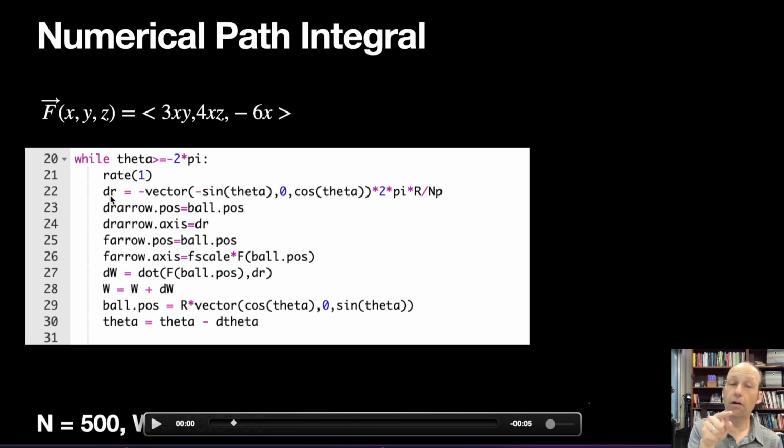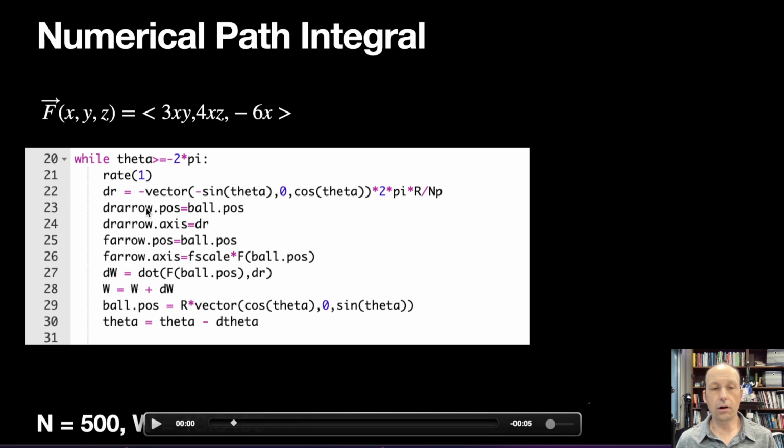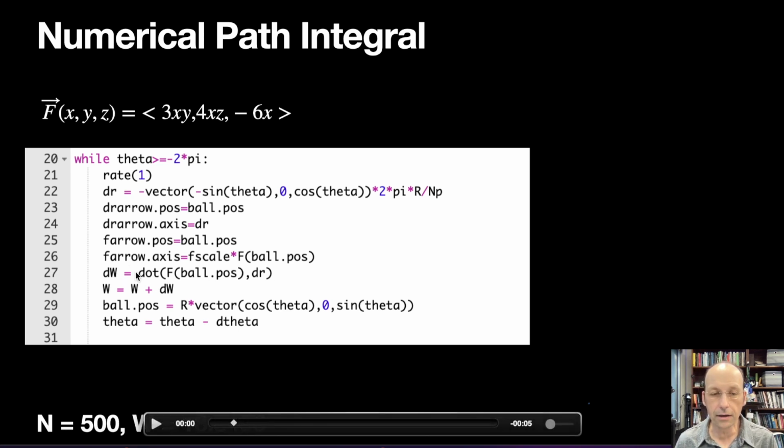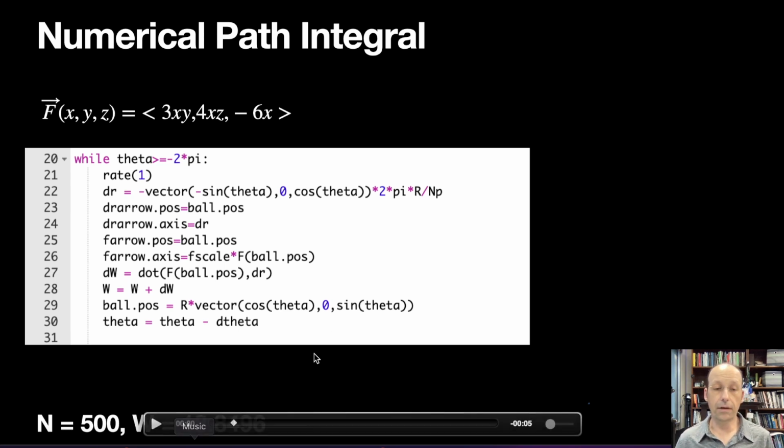What's that dr vector? It's delta r, but I'm calling it dr. Then I can just draw an arrow at the position of the ball. The arrow is at the position of the ball. The axis is dr, and then I can calculate f. The dr you don't see because my steps are too small. I calculate dw. There's a dot product in Python. It's just f dot dr. That's it. And then I take that little d work and I add it to the total work as I go around, and then I move theta and so forth, and I get my value right down there.